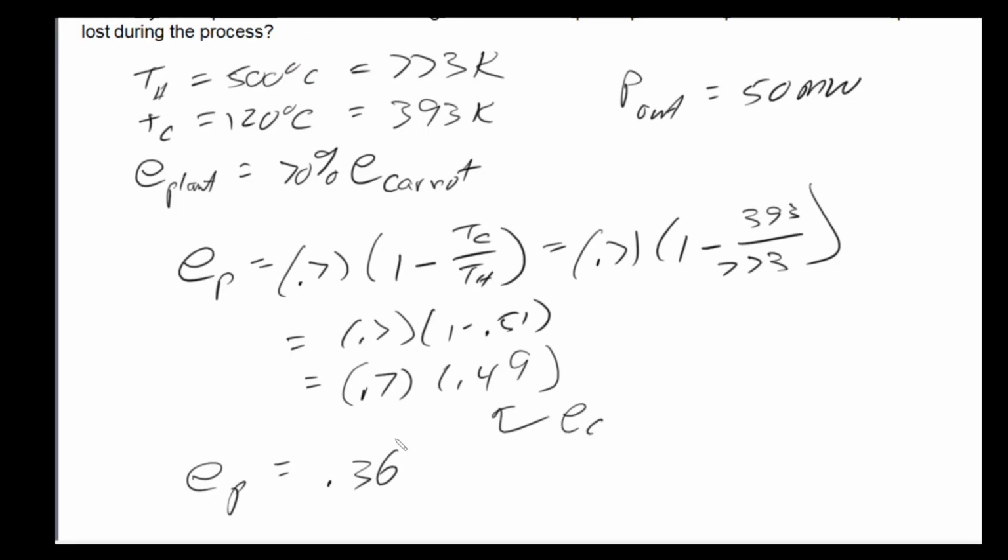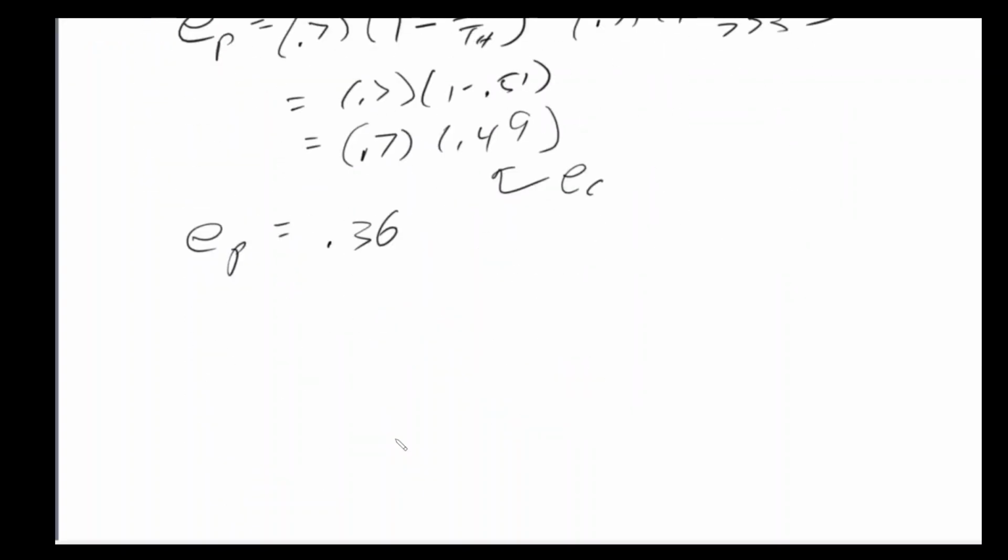Now we're looking for the power put in to run the plant. So if we say that the power put in times the efficiency will give us the power out, and we were given that as 50 megawatts.